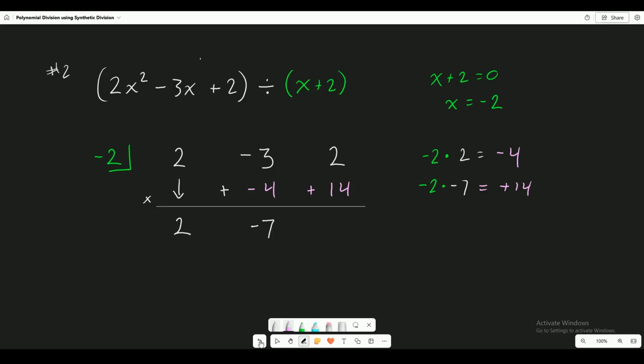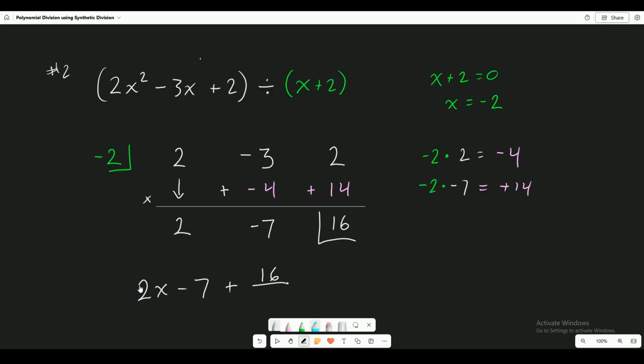And this is going to be our last one, which means this will be our remainder. So 2 plus 14 is 16. And we're done. Which leaves me with my final answer as 2x minus 7 plus 16 over x plus 2.